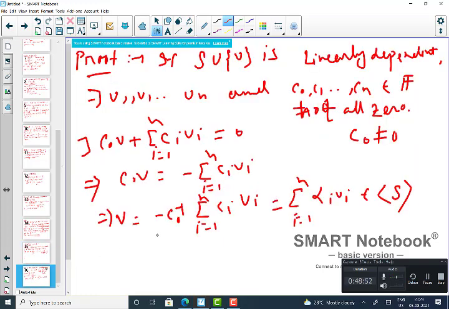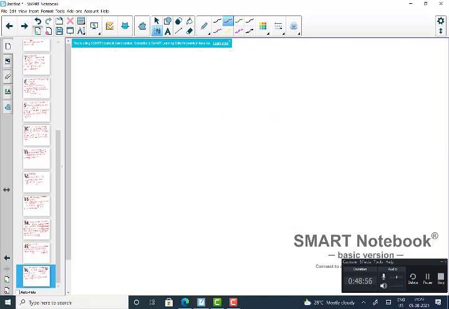If it is linearly dependent, then v belongs to the span of S. And conversely, you need to prove that.